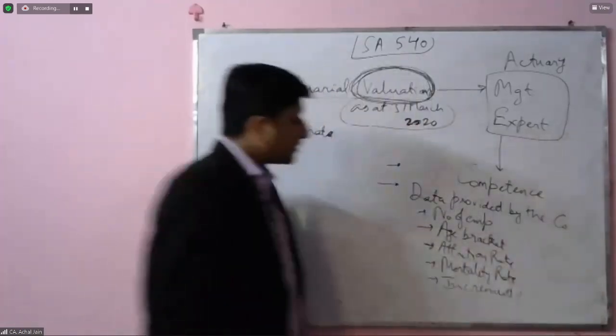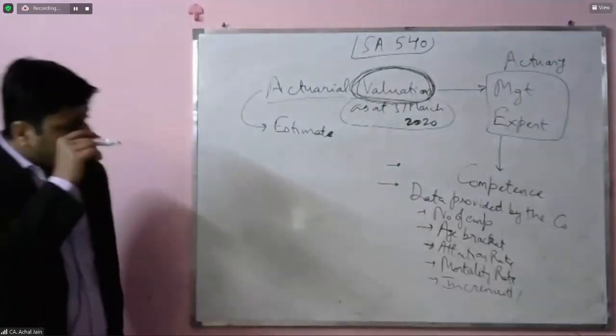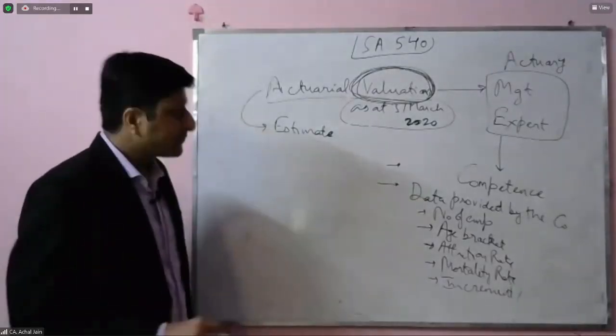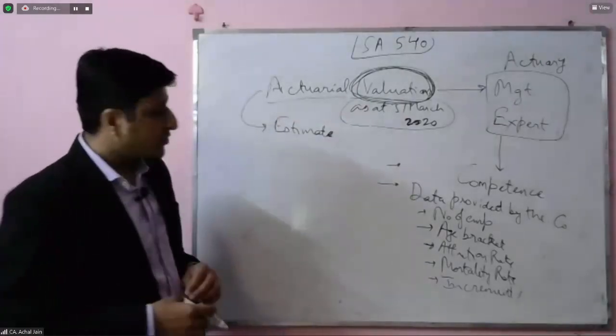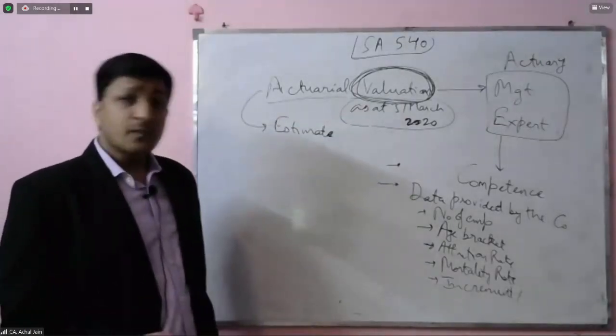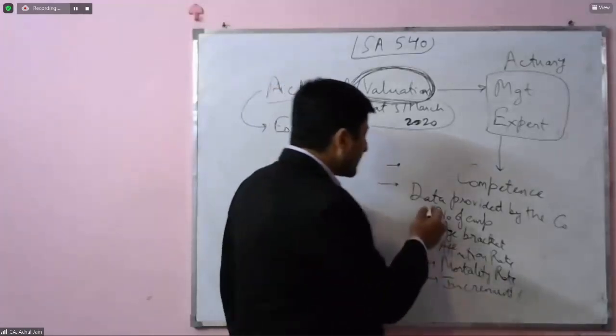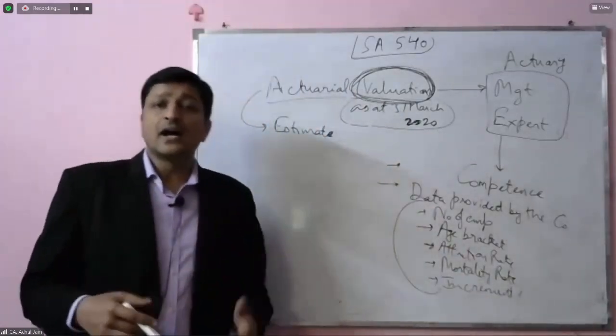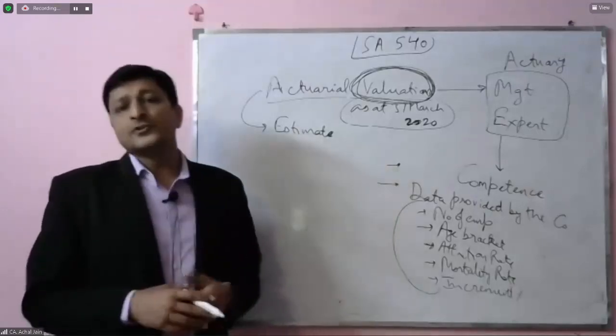There's so much information which an actuary will need to assess for the purposes of valuation. Some of this information would be provided by the company, and some of this information may be assessed by the actuary on his own.